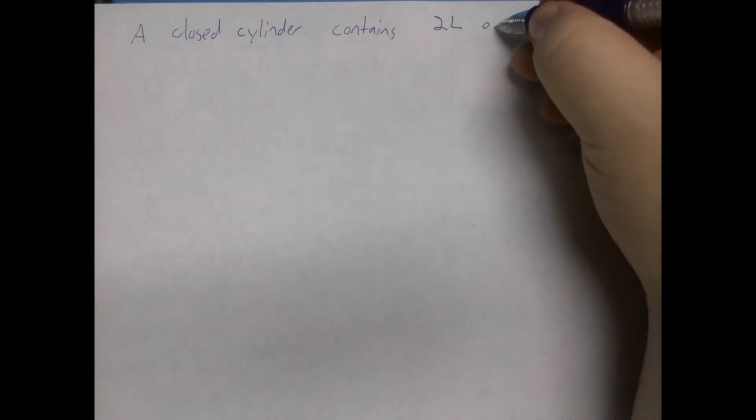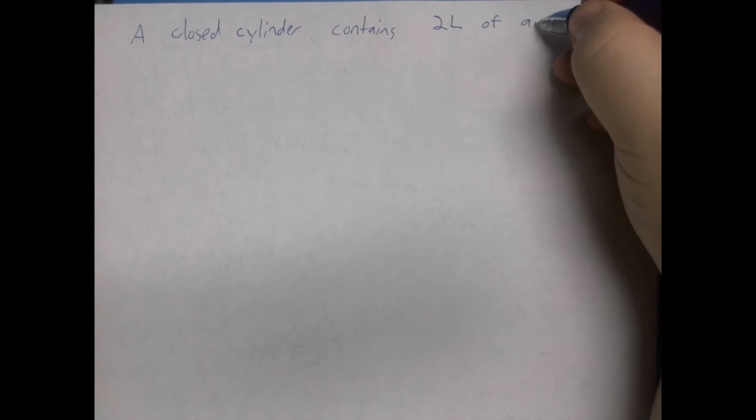Let's see. A closed cylinder contains 2 liters of air.